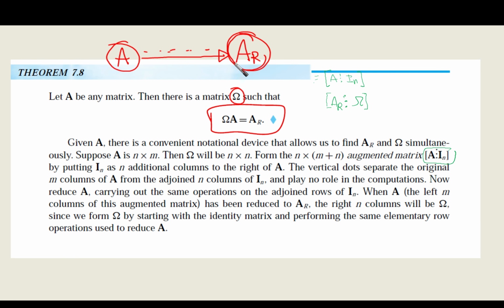We claim, or this theorem is claiming, that instead of making these row operations, which is long, we can multiply a magic matrix called omega by this A, and it would give us directly AR. That's the point.